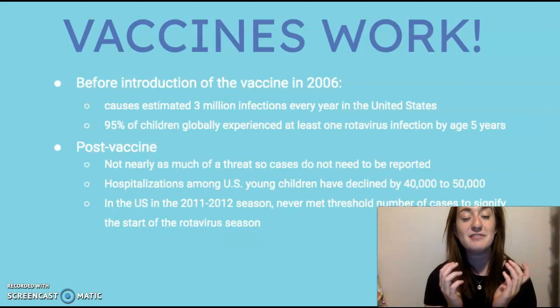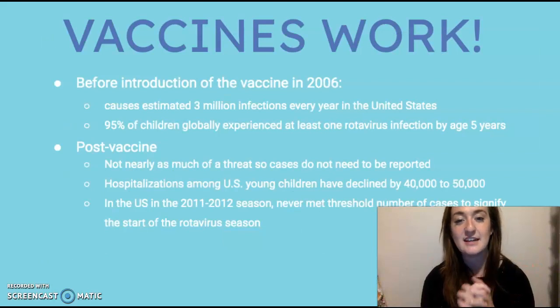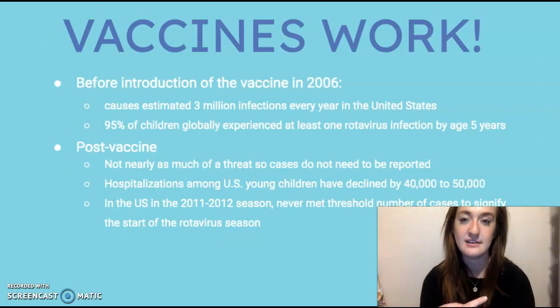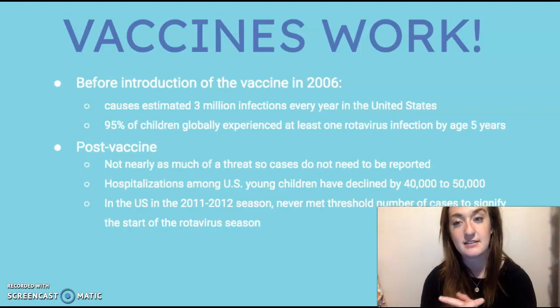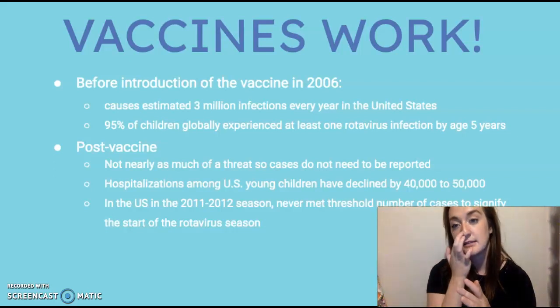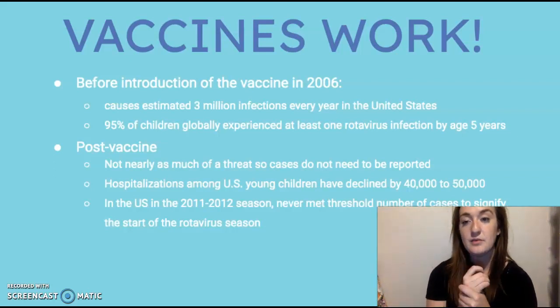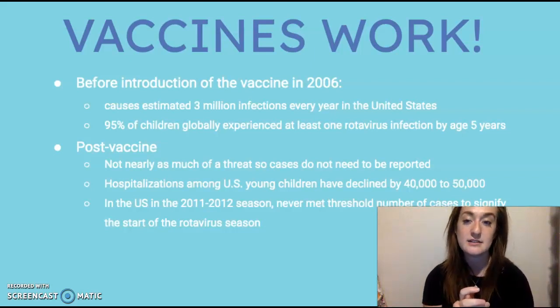So as we have learned in this class, vaccines are very, very helpful, and we have definitely seen the improvements these 2 vaccines have made. Before Rotateq was introduced in 2006, it was estimated that roughly 3 million infections every year were occurring in the United States.